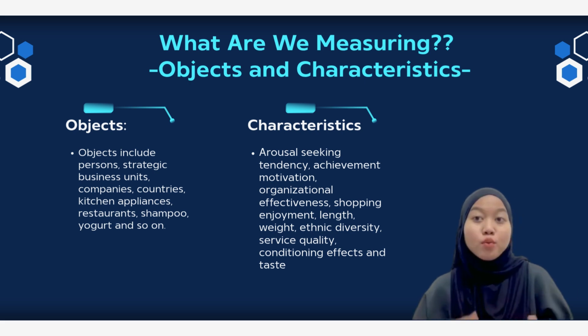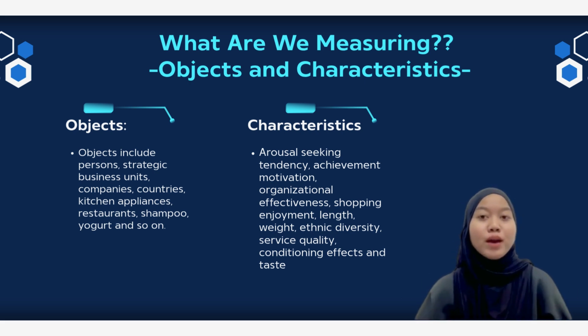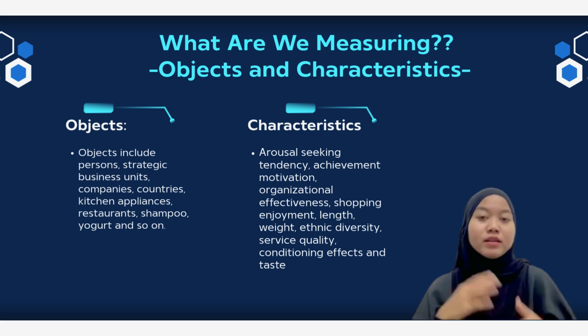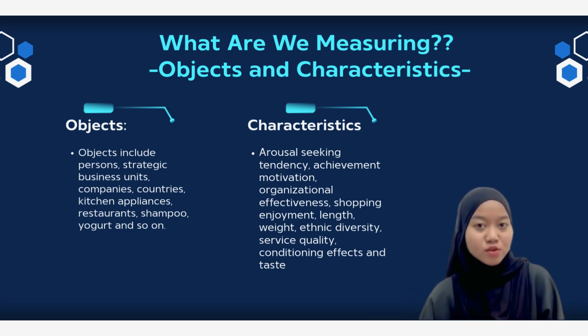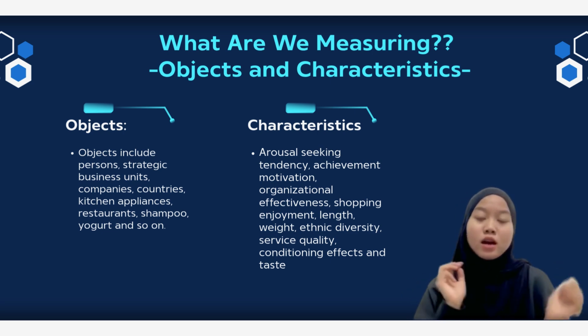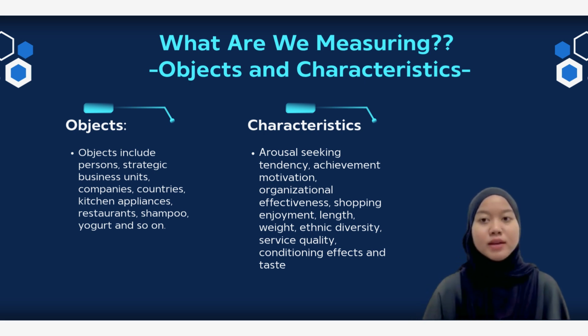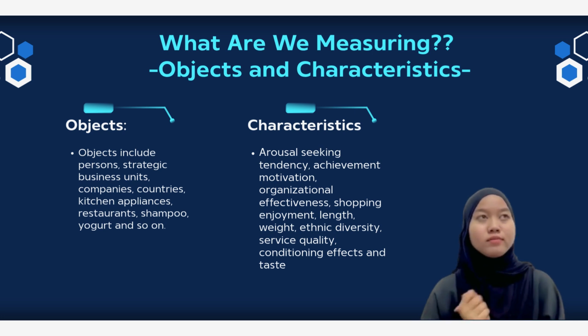Okay, secondly, what are we measuring? So we are measuring objects and characteristics. Objects are anything you are studying, including persons, strategic business units, companies, countries, kitchen appliances, restaurants, shampoo, yogurts, and so on.